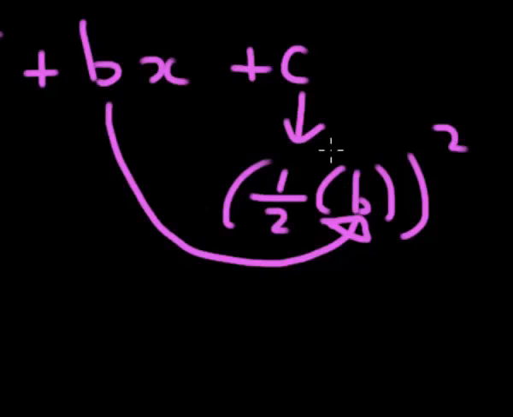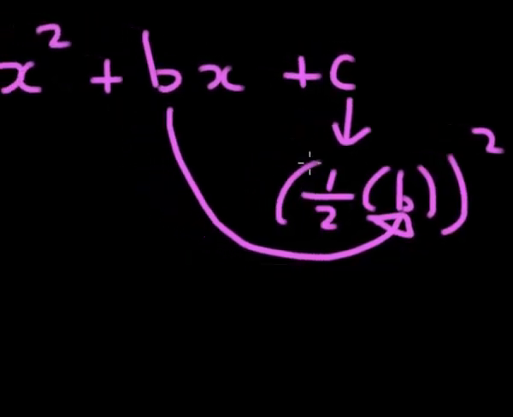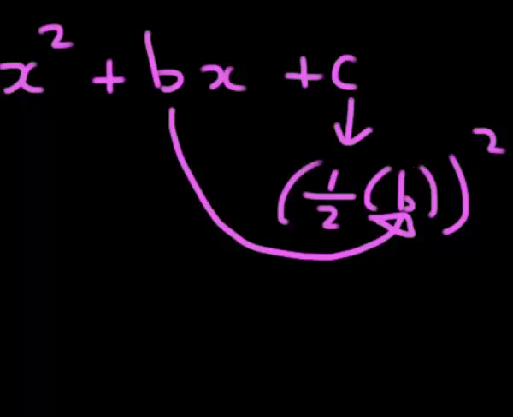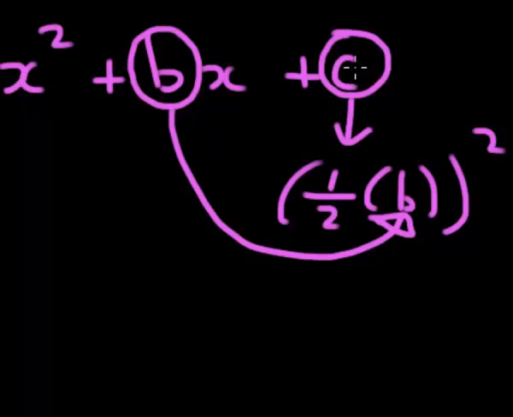And this is going to be a very, very important thing for completing the square. You're going to see exactly what it's all about in a moment. But what I want you to master is the fact that the middle term in relation to the last term, c, is that c is half the coefficient of x, squared. Now hold on to that, and it only works with perfect square trinomials.